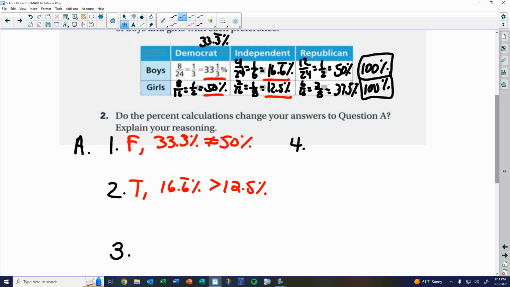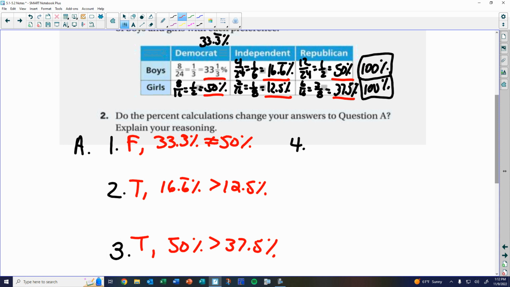Okay? So how about boys are more likely than girls to be Republicans? Yeah, 50 is bigger than 37.5, right? Now, how about girls are only half as likely as boys to be Republicans?